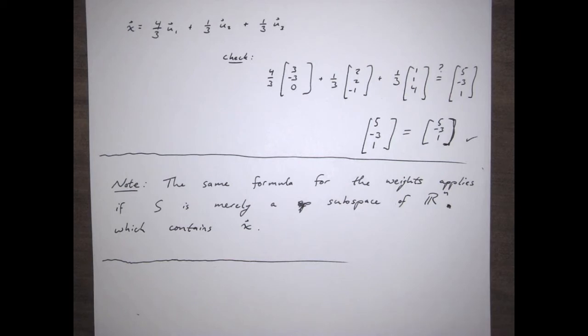Now, what if it doesn't contain X? Well, then what we can do is what's called an orthogonal projection.